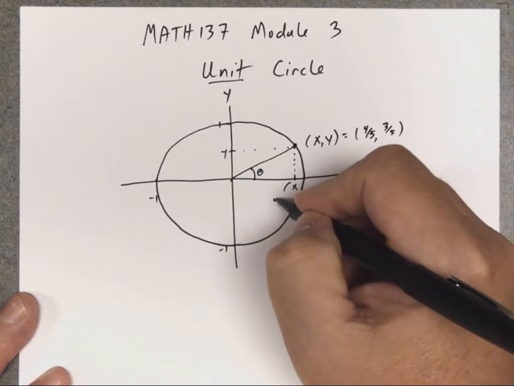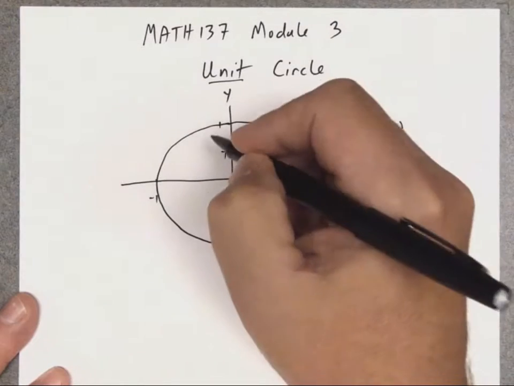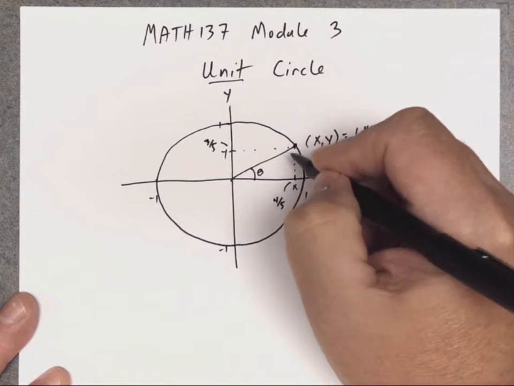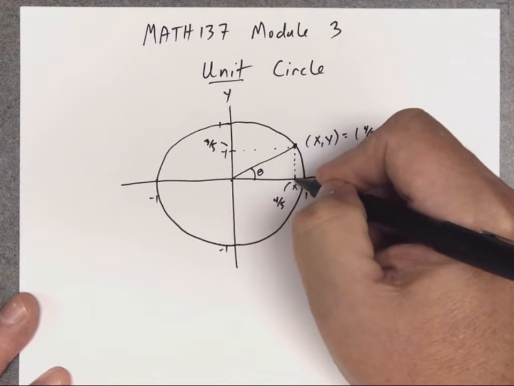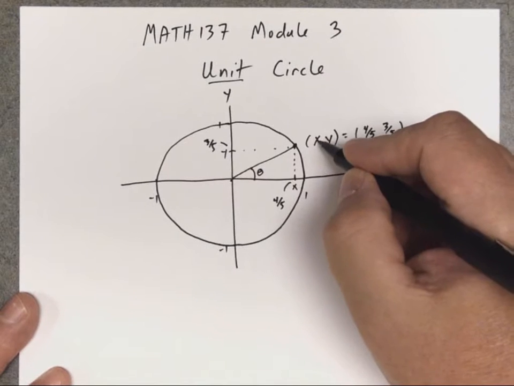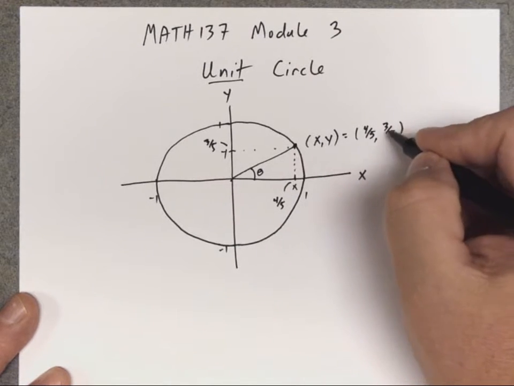So this is 4/5 on the x-axis, this is 3/5 up here. So here's a point, 4/5, 3/5.